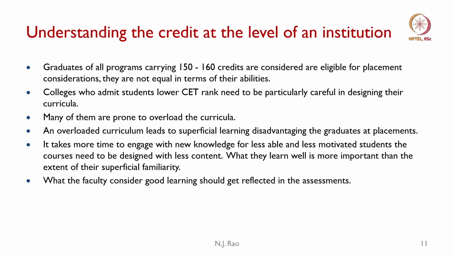Graduates of all programs carrying 150 to 160 credits are considered eligible for placement considerations. They are not equal in terms of their abilities. Even in the same institution, no students will be exactly equal. They have gone through the same set of courses, but because of their abilities or the amount of work they put in, they will not be exactly equal.